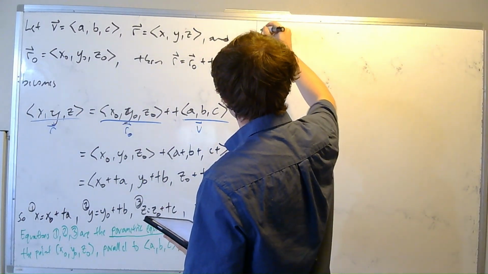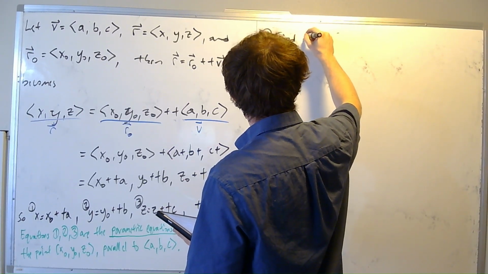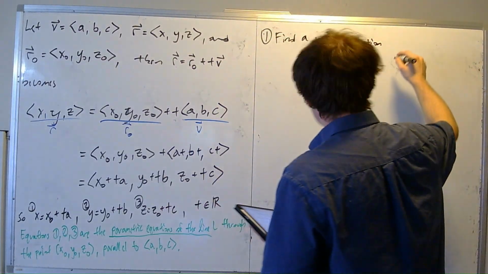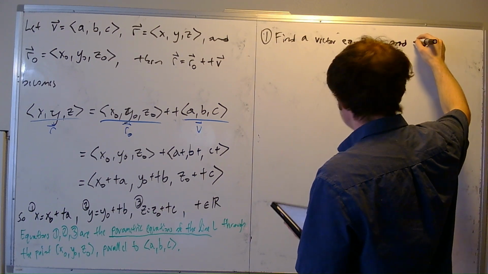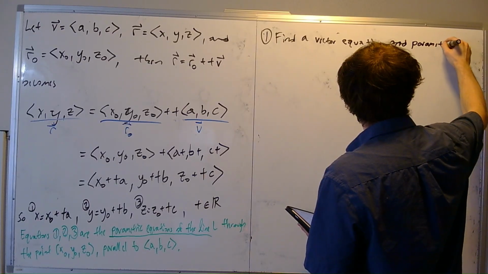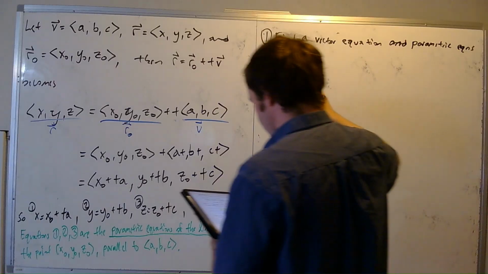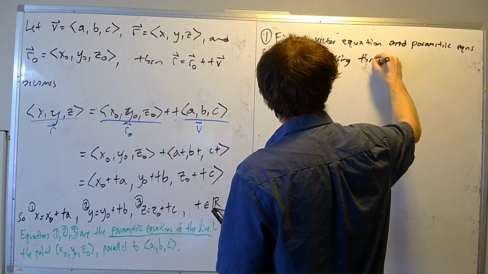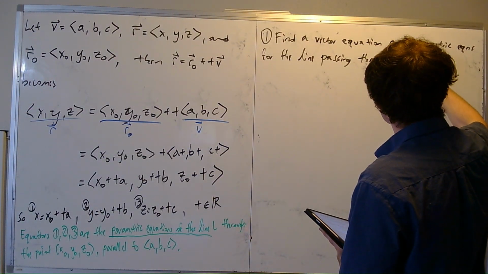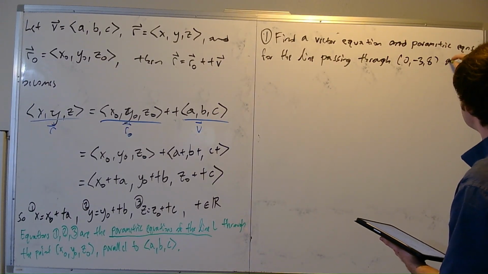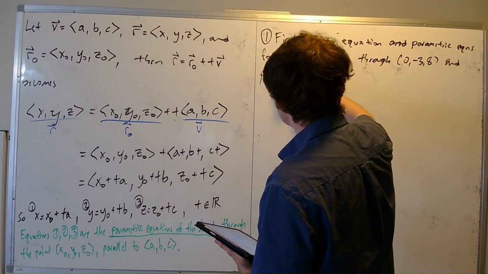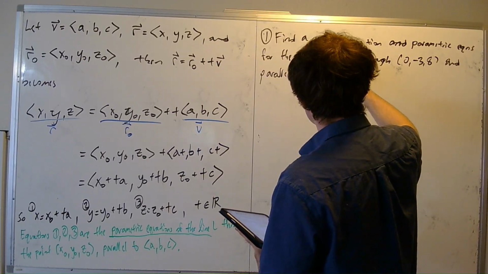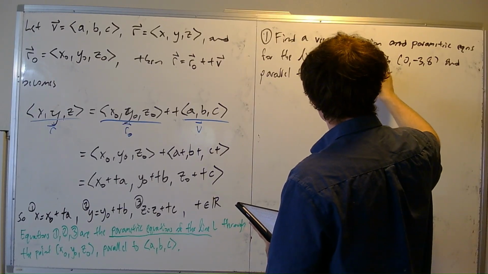Okay. Example number 1, we're going to say find a vector equation, part A, and parametric equations, part B, for the line passing through the point 0, -3, 8, and parallel to the vector 3i plus 12j minus k.